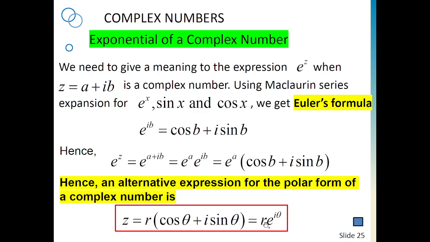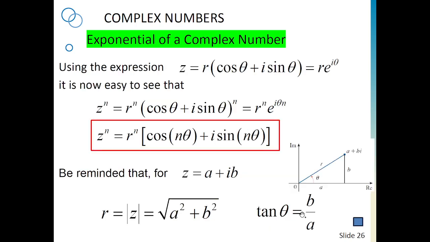So essentially we have 3 ways of writing a complex number: the standard way, a plus ib, this polar form, and then the Euler form. 3 ways of writing the same complex number. One of them is more practical than the others for certain operations.